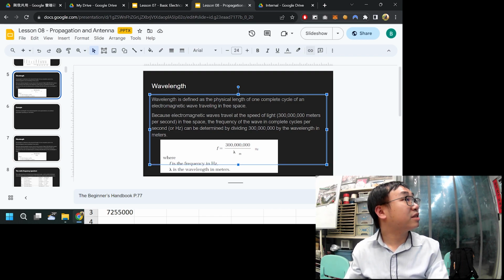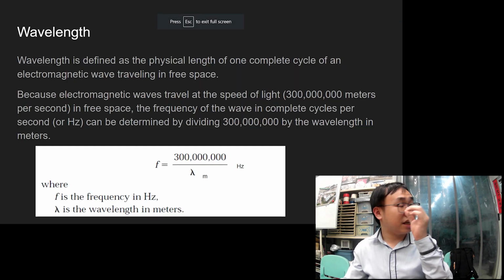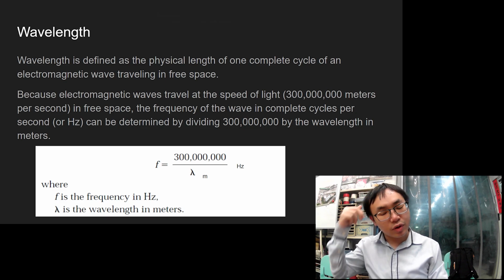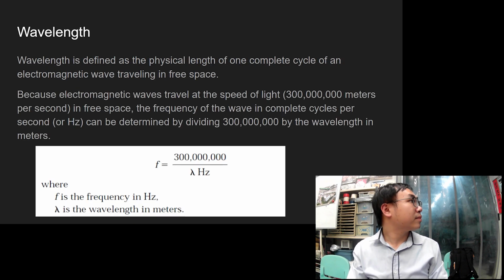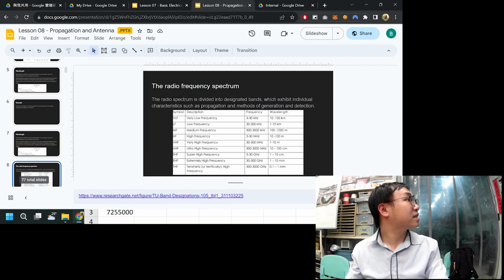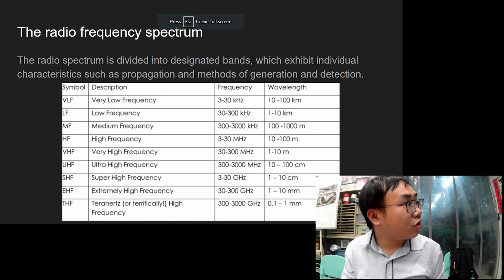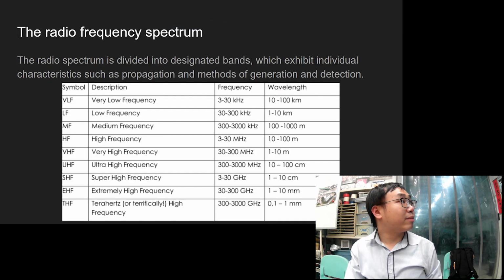Lambda is in unit meter, and frequency is in unit hertz. Speed of light is meter per second. For this one, you have to memorize it. Okay, this is important to you.